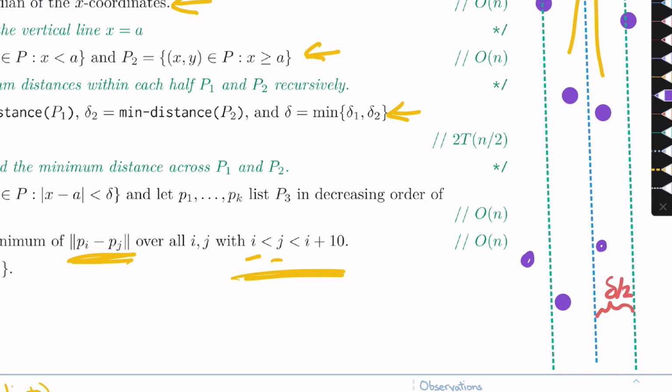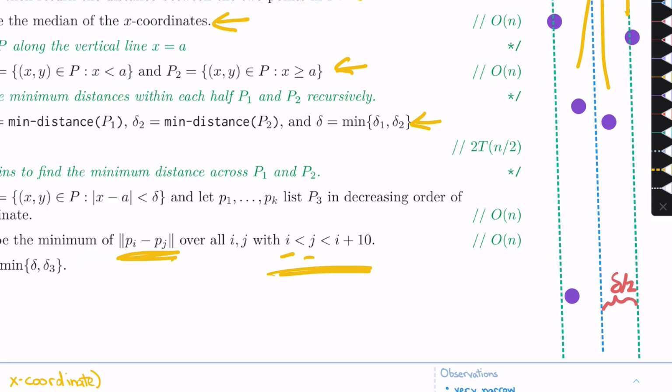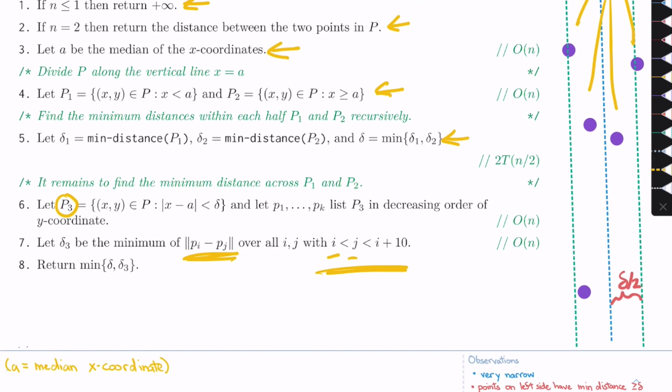But we would skip that comparison because it lies outside. Plus, it's not a big deal. If I had done 2 delta just to be safe, it won't change the running time much, only by a constant. But that's why we need delta. Okay, good.